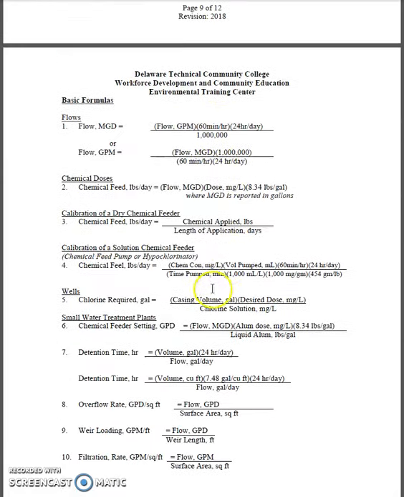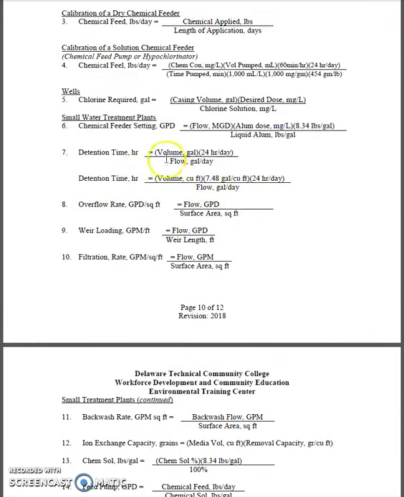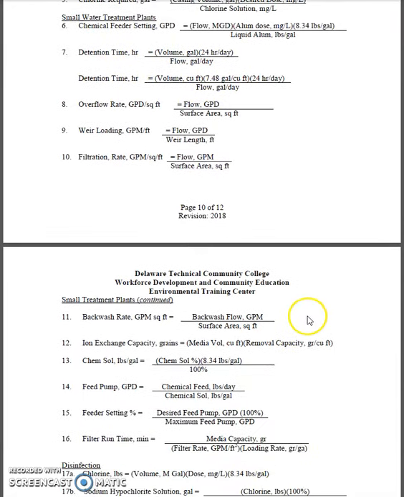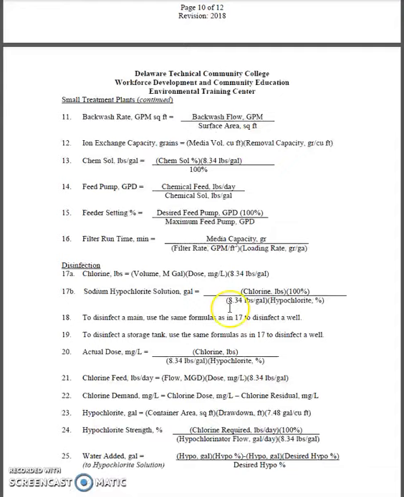Flow rates, all these basic formulas here. Sometimes the formulas are given depending on whether you're working in cubic feet or gallons. So the conversions are made part of this working equation here. We've had a lot of opportunities to work on these.